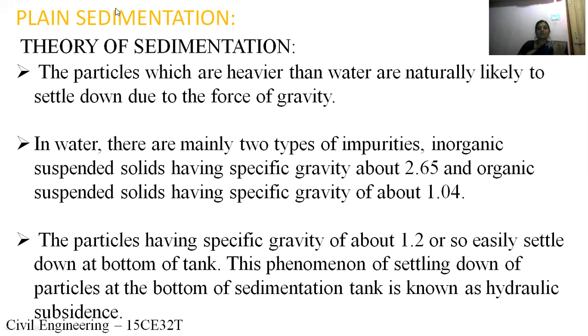In water, there are mainly two types of impurities: inorganic suspended solids having specific gravity of about 2.65 and organic suspended solids having specific gravity of about 1.04.